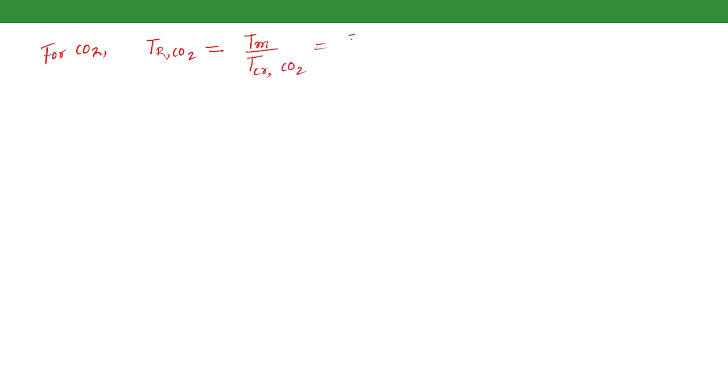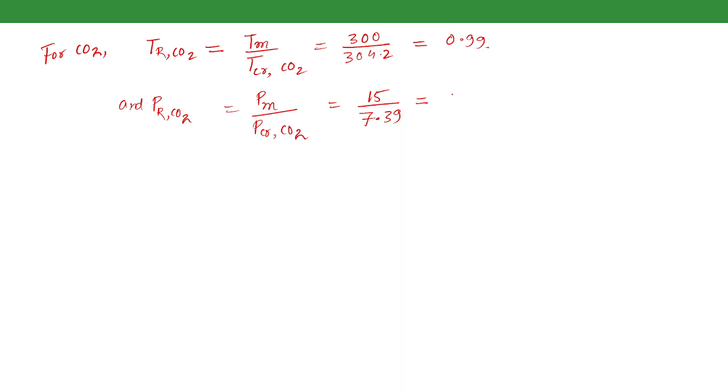So this is 300 by 304.2, that is equal to 0.99, and the reduced pressure of carbon dioxide is the mixture pressure divided by the critical pressure of carbon dioxide, that is 15 by 7.39, so that is equal to 2.03. Corresponding to these two values, the compressibility comes out to be 0.30.